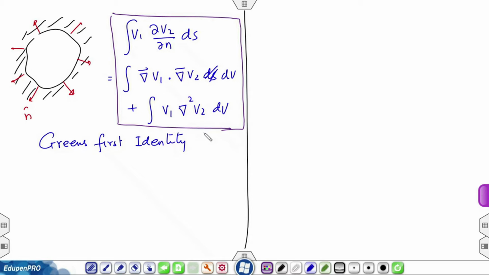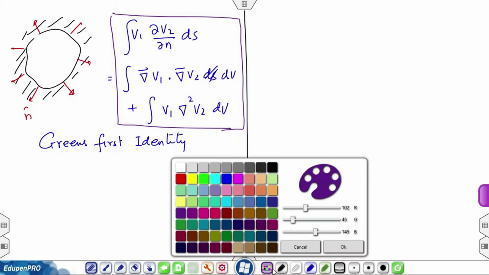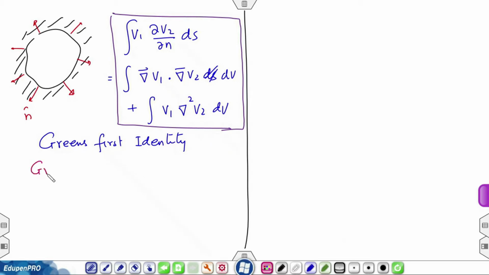From this, I am led to Green's second identity, which leads to the reciprocity theorem. So, what I am going to do is switch V 1 and V 2 in the first identity.